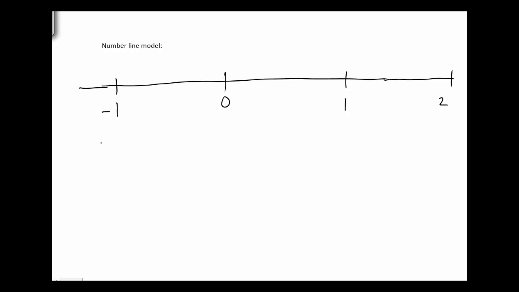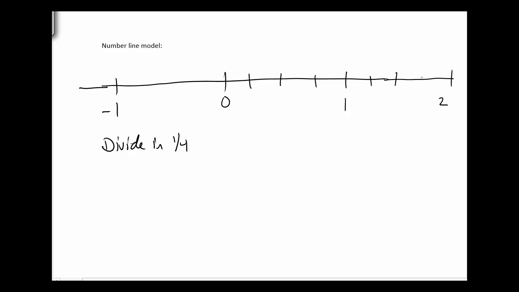So let's say I want to divide into fourths. That means between 0 and 1, I've got 4 equal chunks.